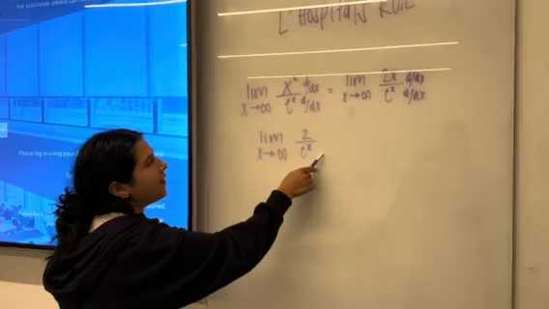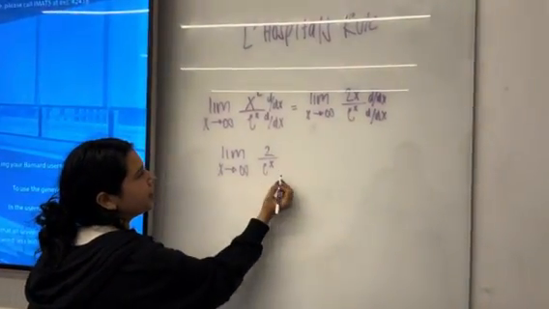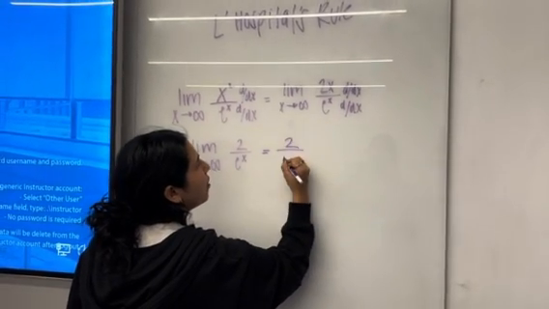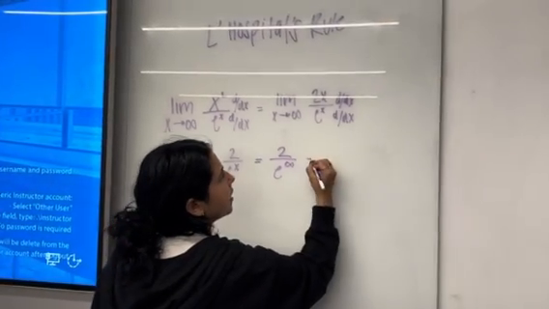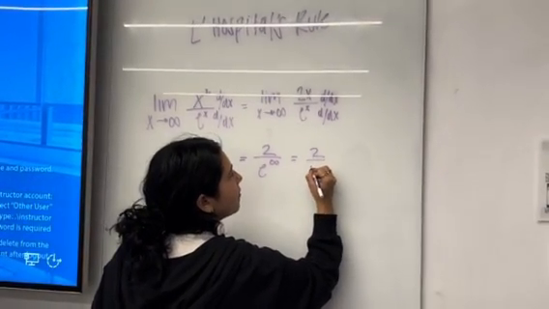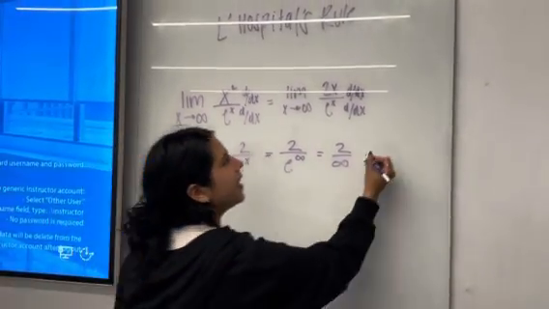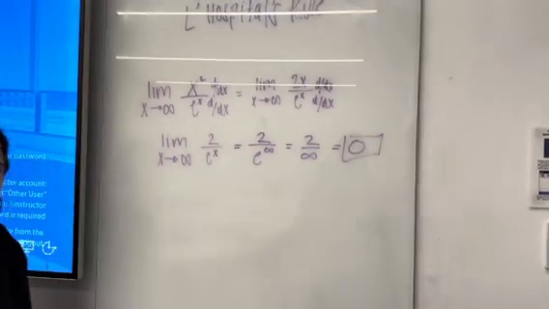So once we have this form, we're going to go ahead and substitute. So we get 2 over e to the infinity, which would give us 2 over infinity. And we know anytime we have a fixed number over infinity, it gives us 0. So this is the answer.